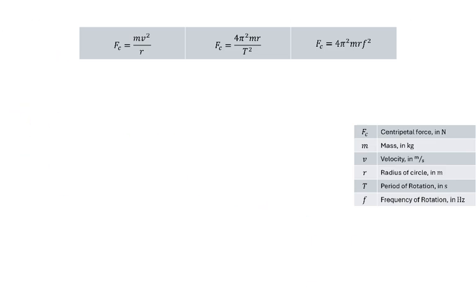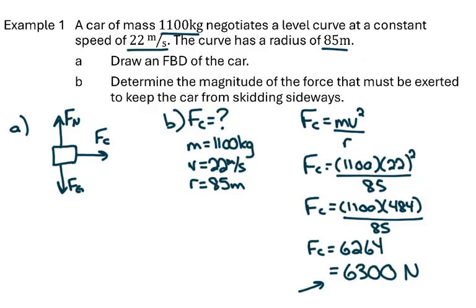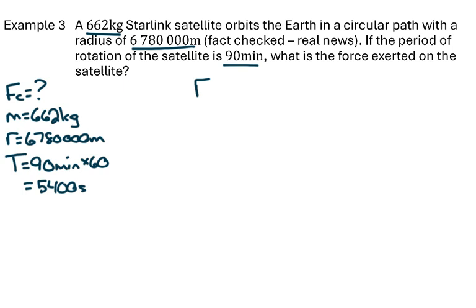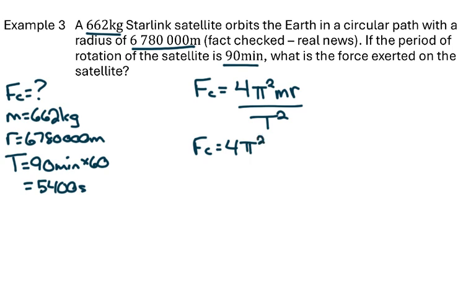Looking at formulas, the one in the middle is going to be what we need. So Fc equals 4 pi squared m r over T squared. Substituting in, 4 is 4, pi is pi, it's squared. Mass is 662.